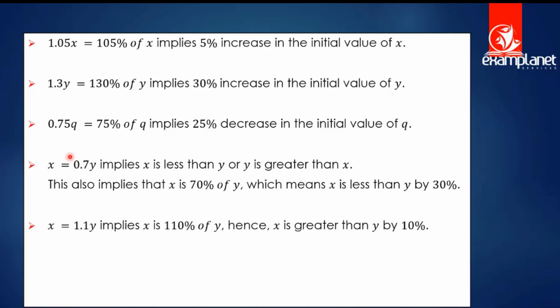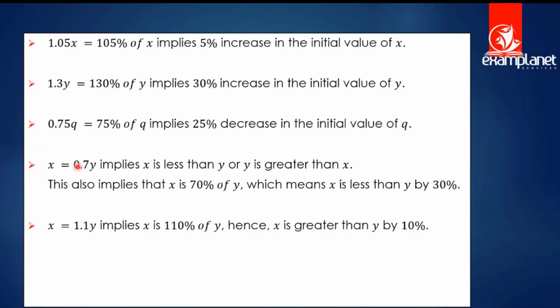All right? X is less than y. And 0.7 in percent is the same thing as 70%. So this implies x is less than y, or y is greater than x. And this also implies that your x is 70% of y. So not up to 100% of y. So meaning they are not equal. Meaning x is not bigger than y.